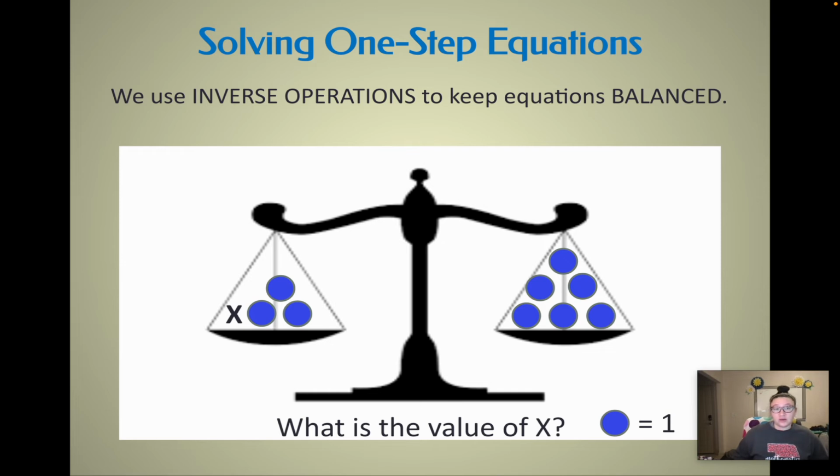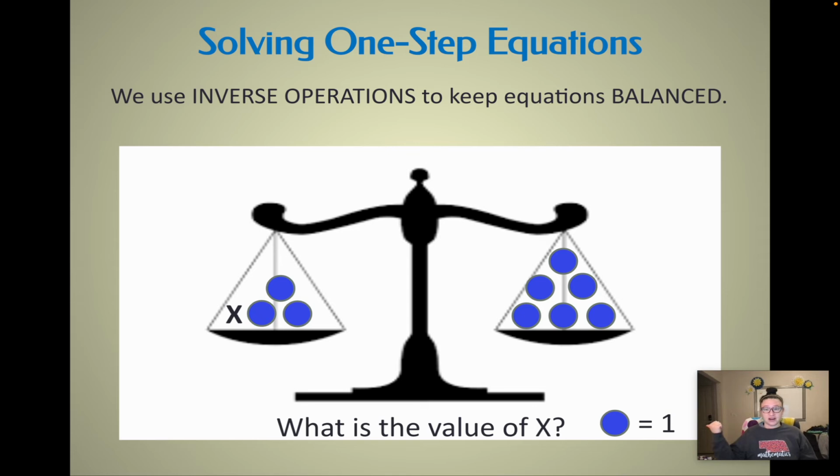Now we have a scale. Now we've got something that's a little more abstract. It's not just apples and oranges. We're representing things with variables now. So here we are still going to use inverse operations to keep the equation balanced. But now I see on the left side, I have an X and 3 of those blue circles.